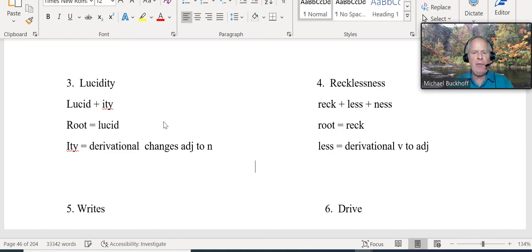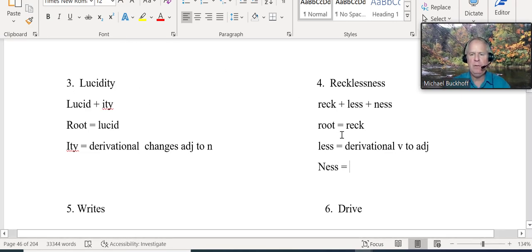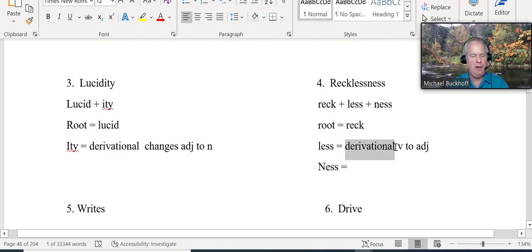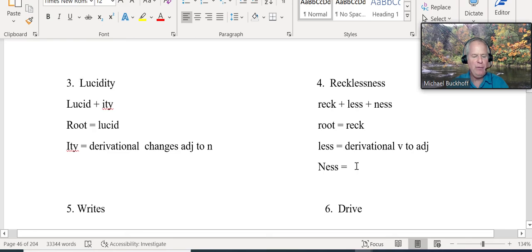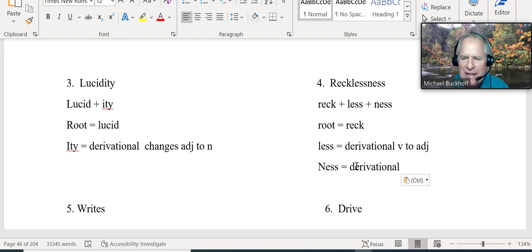And then we go from reckless to recklessness. So it looks like there's no grammatical information in here. So it's derivational. Now, NESS, sadness, reckless, recklessness, what does NESS do to the adjective when it attaches to it?